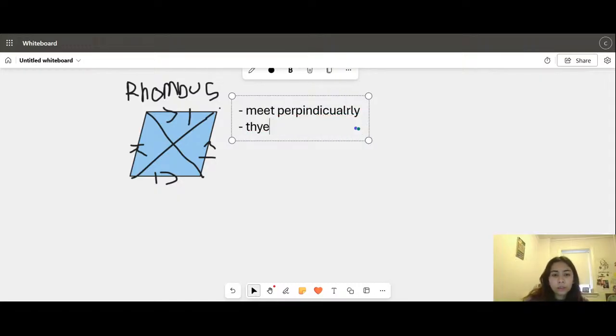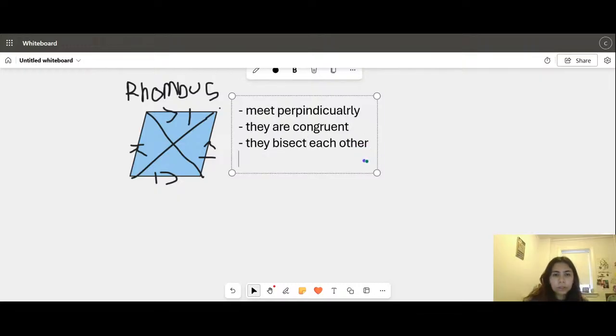They are congruent. Okay, and they bisect each other. I know this because two of these properties apply to circles. Sorry, not circles, rectangles.